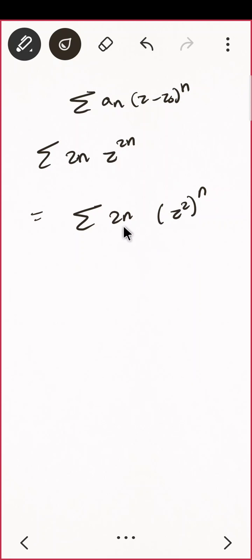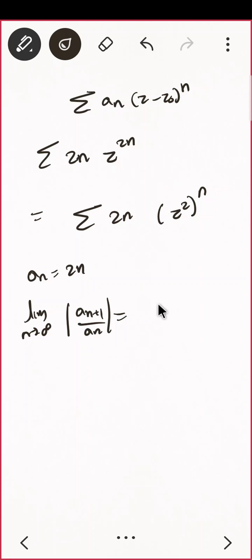Radius of convergence: my en is here 2n, so it is better to use the ratio test, and that is clear that it will be 1. Limit n tending to infinity mod of en plus 1 upon en is equal to 2n plus 2 upon 2n, so it is 1, correct? So radius of convergence is equal to 1.